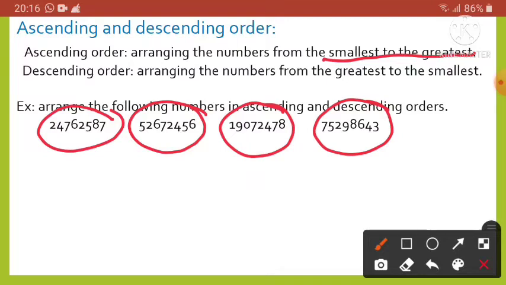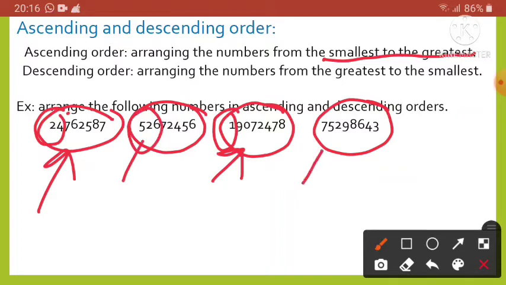So here, the number 190724778 has digit 1 at the extreme left. Then in this number at the extreme left the digit is 2, here the digit is 5, and here on the extreme left the digit is 7. So the smallest digit on the extreme left among all these numbers is present here.